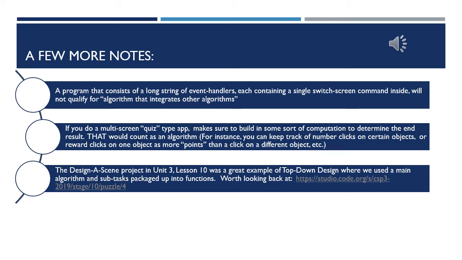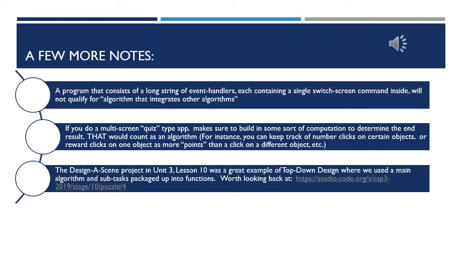Okay, so second point here. If you do decide to do some sort of multi-screen quiz type app where you just click from one screen to the next, make sure that you also build in some sort of computation to determine the end result. That would possibly count as an algorithm.